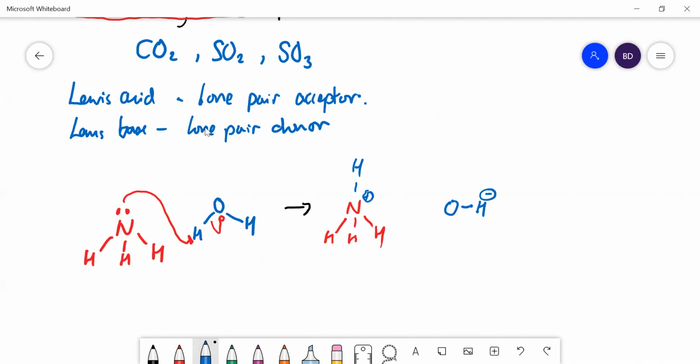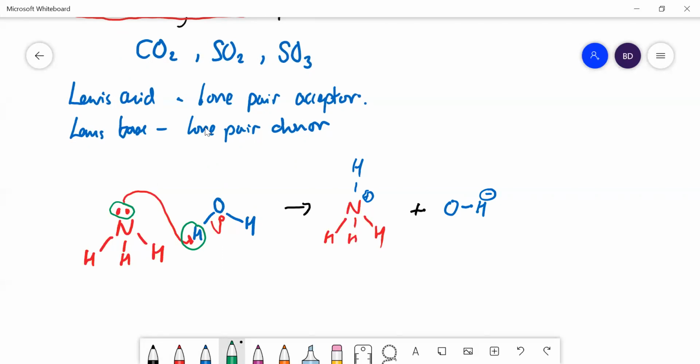So we've got no problem there with ammonia behaving as a Bronsted-Lowry base because it accepts this proton. But we can also say it acts as a Lewis base because it donates a lone pair to the hydrogen atom, forming a dative bond.